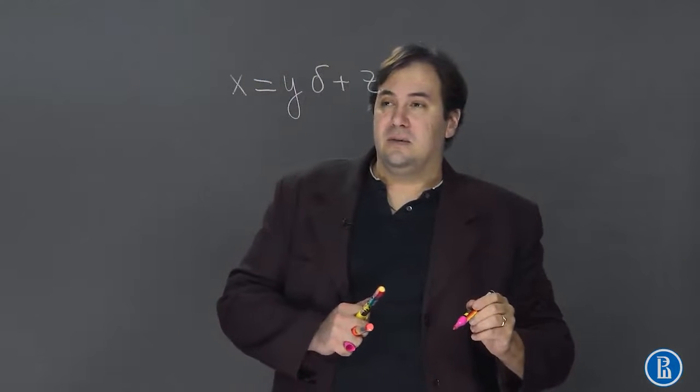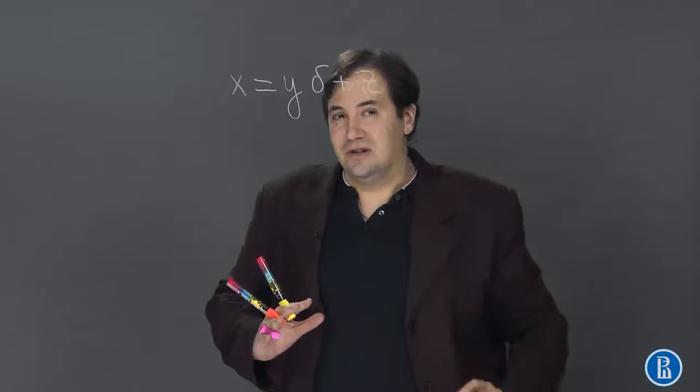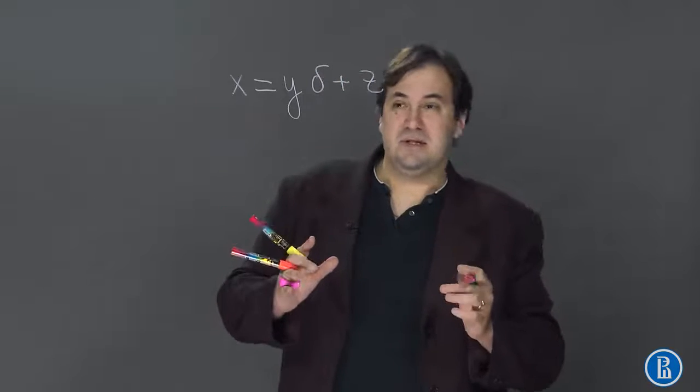And now let's study the connection between Euclidean algorithm and the greatest common divisor. We'll need a lemma for that. It's a small lemma, which states that if x is equal to y delta plus z, well, it's a bit unusual set of variables.